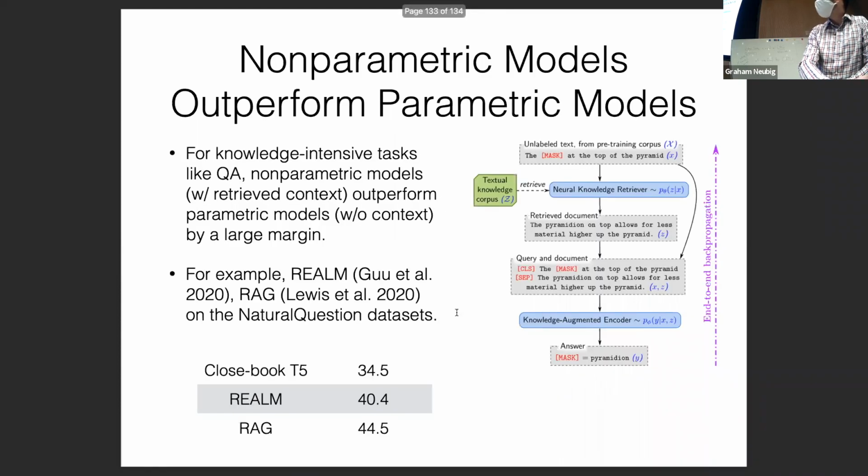However, if you compare closed book models that try to answer these factual questions, the type that we see in knowledge bases, models that have access to retrieving queries tend to do better. And actually, this is over the Natural Questions dataset.